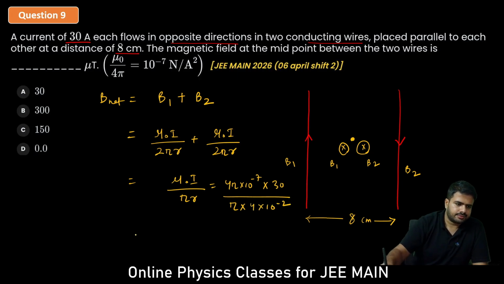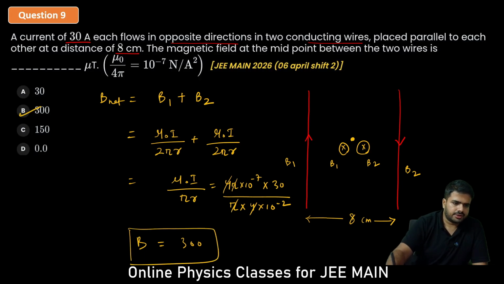Further if you solve here, pi gets cancelled, 4 also gets cancelled, so 300 is coming here. So net magnetic field at the center we are getting is 300 Tesla.